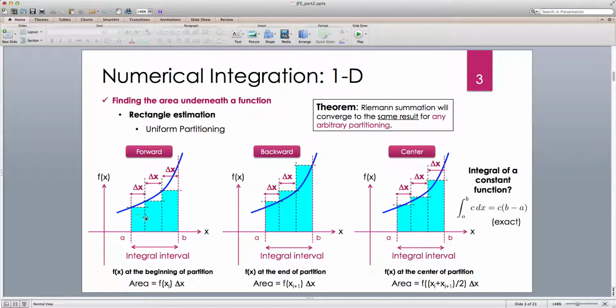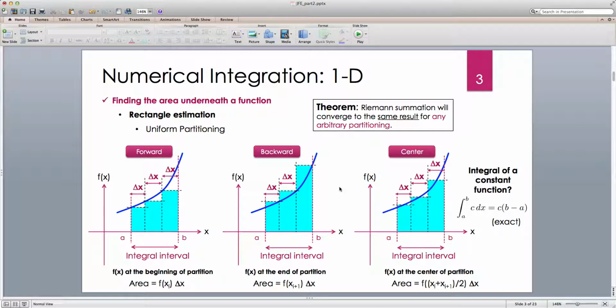So it doesn't matter if we do uniform partitioning or if one interval is much smaller than the other one, it doesn't matter. It also doesn't matter what value for the function we choose in each subinterval. It could be the leading edge, the first value, the end value, or the center value. Doesn't matter.